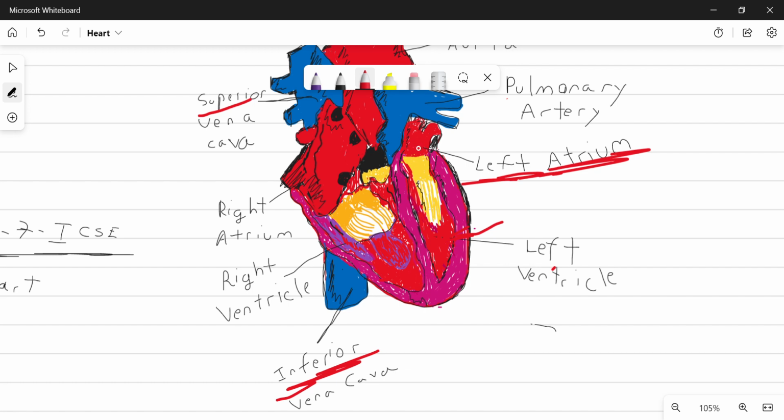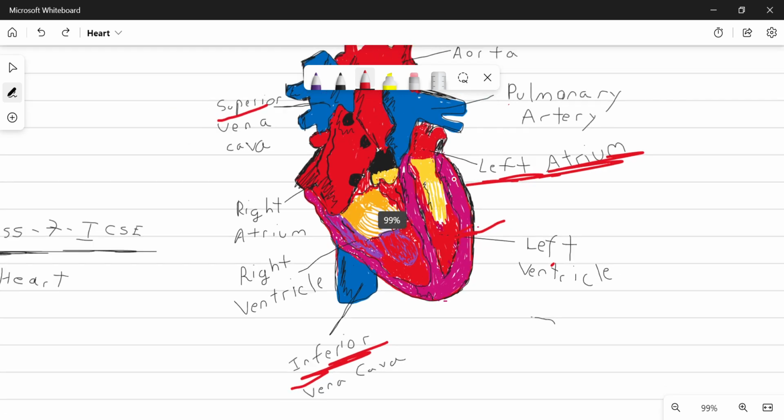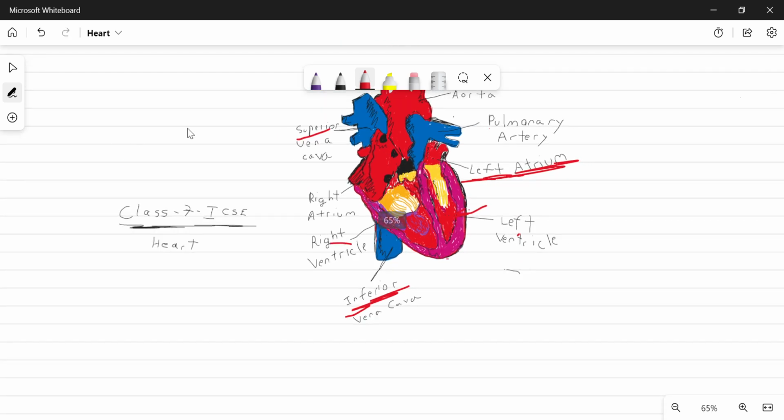Now we are done with superior vena cava. Superior vena cava is this, and below it is the inferior vena cava. This is the right atrium. This is the right ventricle below the right atrium. This is the left ventricle opposite right ventricle. This is the left atrium above this.